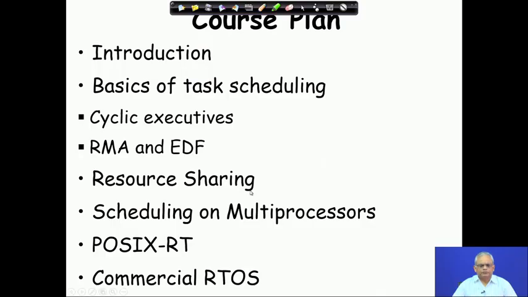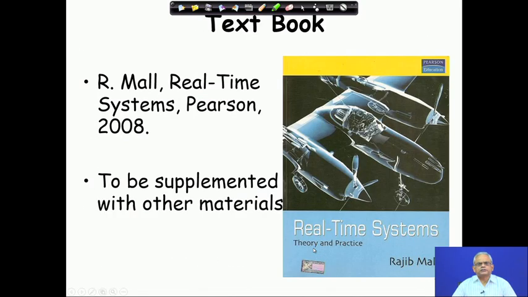We will analyze the problem and see what the solutions are, and then we will look at how we use a real time operating system in a multiprocessor, because nowadays multiprocessors are becoming commonplace. Even desktops and embedded devices have multiprocessors. Then we will look at the POSIX real time standard, and then some of the commercial real time operating systems.